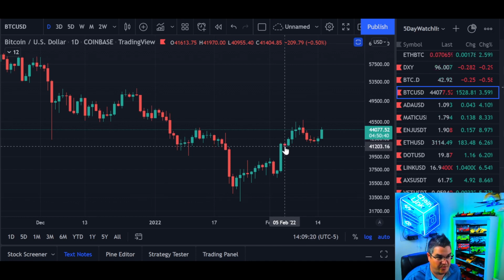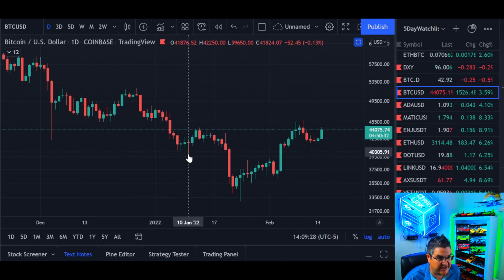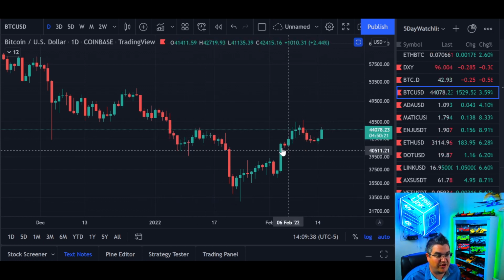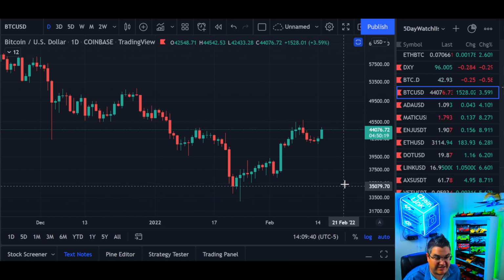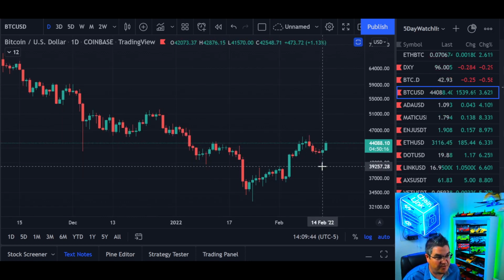That's not the end all be all, but you should probably be on high alert at that point. If we come down here, you want to be looking left at these wicks. When you start losing this, and this was your big one right here, that low 39,650. If you see us under 39,650, the inverse head and shoulders is invalidated, and not only that, but you can expect more downside. You want to be getting out of this position probably right there, just from a short term perspective.